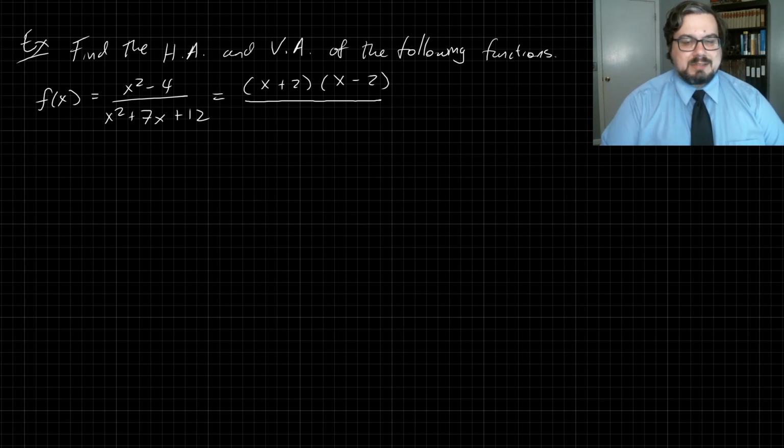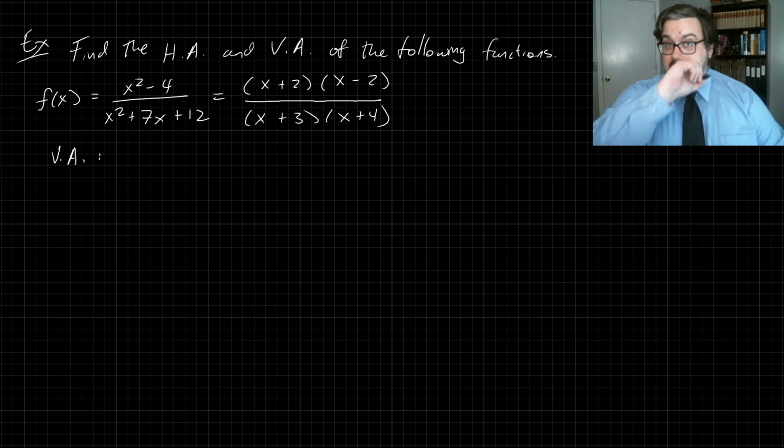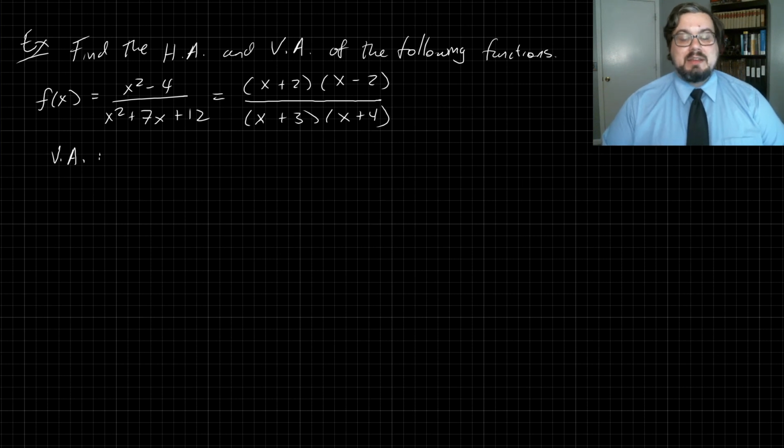The numerator is x plus 2 times x minus 2. The denominator is x plus 3 times x plus 4. So let's go for the vertical asymptotes first. We factor the numerator and denominator, and we have to check whether we have any cancellation, whether there are any factors in common between numerator and denominator.